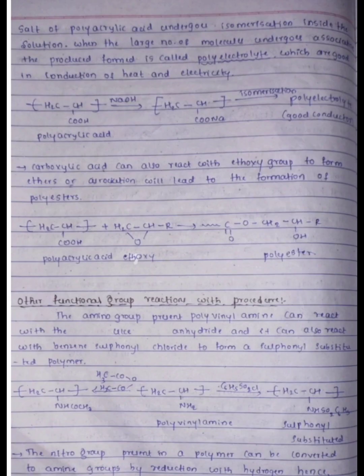When polyacrylic acid reacts with an alkaline solution of sodium hydroxide, the sodium salt of polyacrylic acid is formed. The sodium salt of polyacrylic acid undergoes ionization inside the solution. When a large number of molecules undergo association, the product formed is called polyelectrolyte, which is good in conduction of heat and electricity.